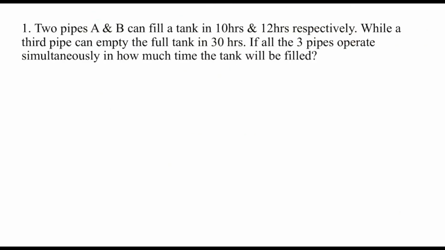Two pipes A and B can fill a tank in 10 hours and 12 hours respectively. A can fill the tank in 10 hours and B can fill it in 12 hours. While a third pipe, there is one more pipe, can empty the full tank in 30 hours.